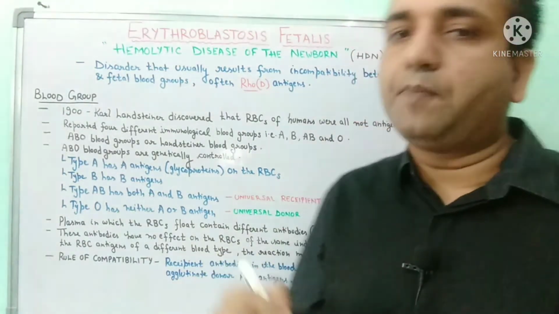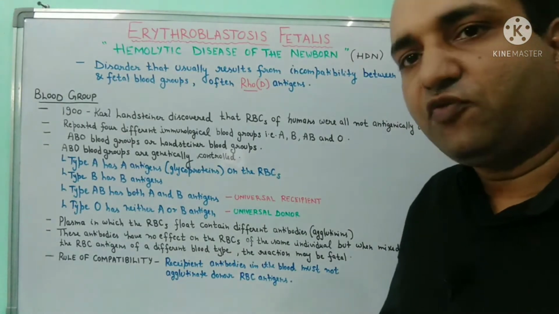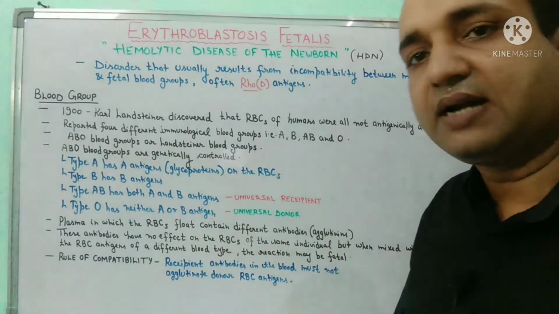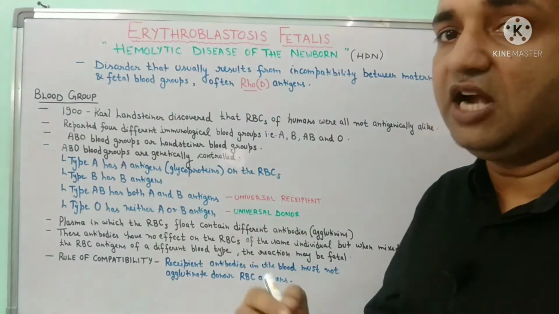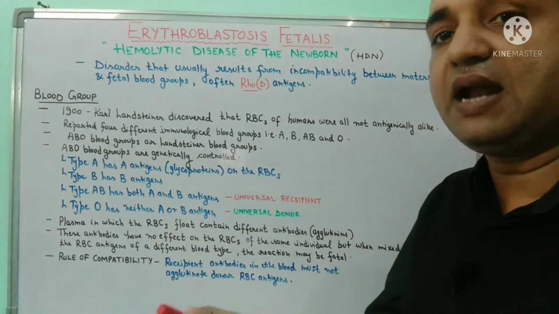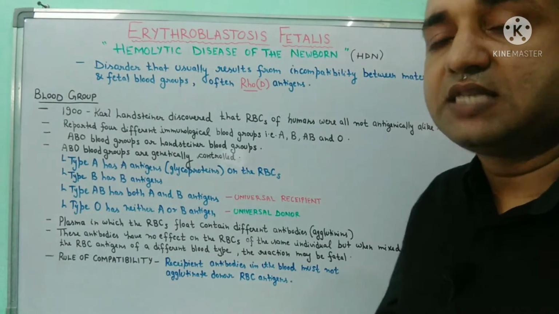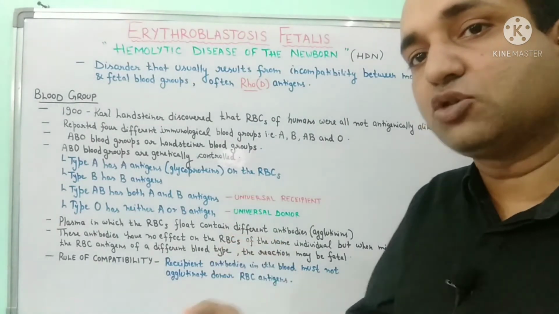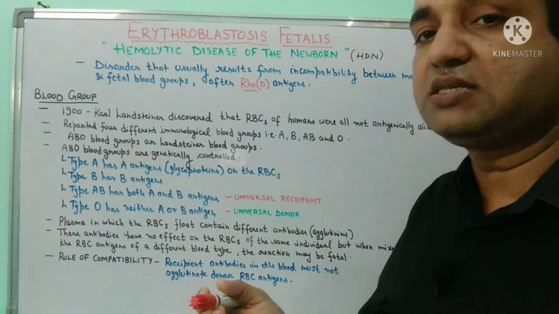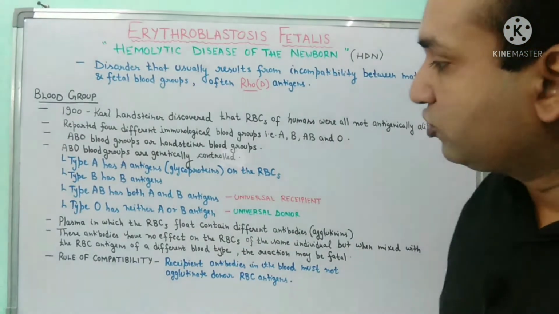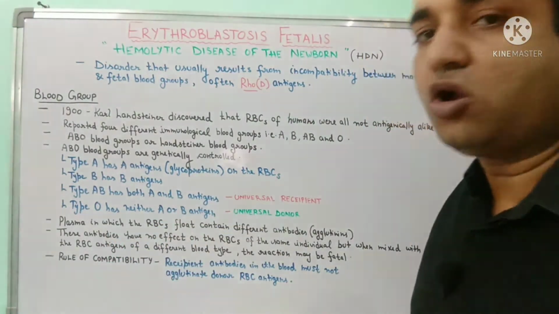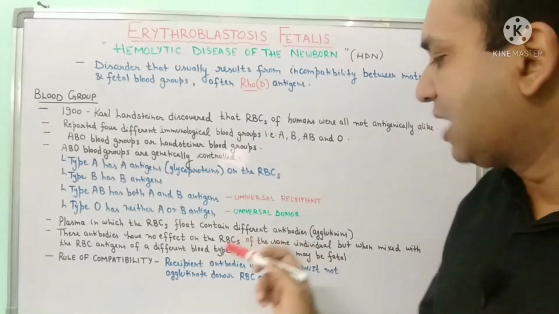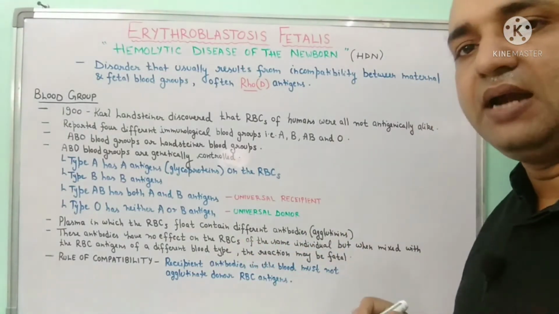This means that suppose a person has blood group A. Therefore, his body will not make antibodies against his own blood group antigen, that is antigen A, but on the other hand it will make antibodies against the other antigen, that is the antigen B. Similarly, if a person has blood group B, his body will not make antibodies against his own antigen B, but it will make antibodies against the other antigen A. Therefore, the universal rule of compatibility for blood transfusion is that the recipient antibodies in the blood must not agglutinate the donor RBC antigens.